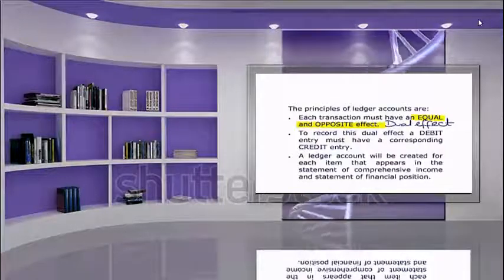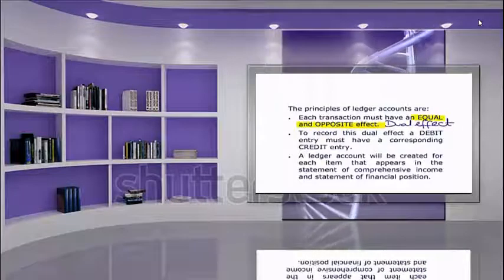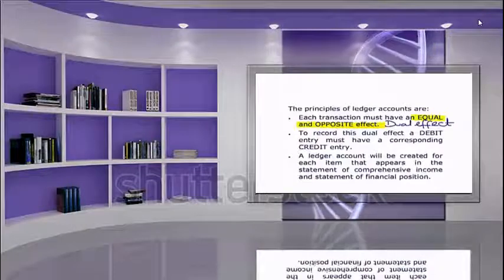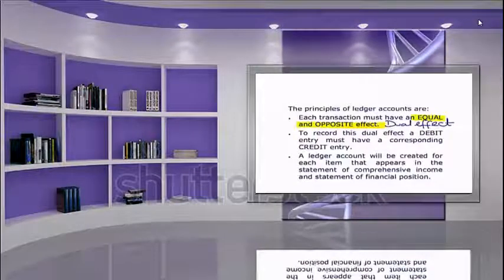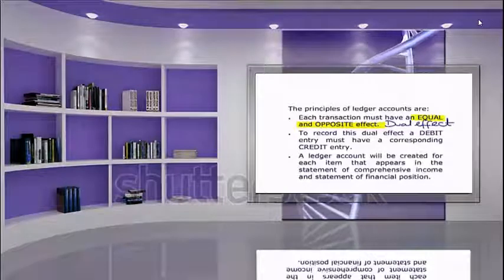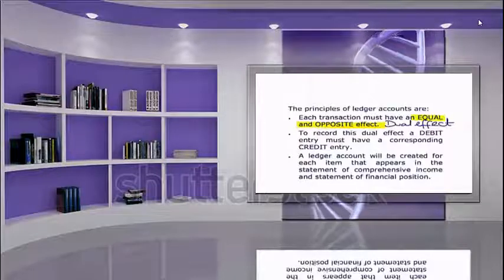And remember, we learned that dual effect principle in our previous sessions. Now, what we also have to do to record this dual effect is give either side of the transaction a debit or a credit.